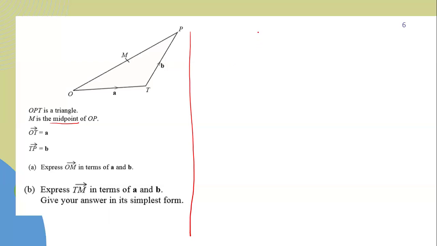In case I have a line, let me say this is my line, A and B. The midpoint means that M is in the middle, and it means that M is dividing my line AB into two equal parts. Whenever something is divided into equal parts, this part here must always be equal to the second part.